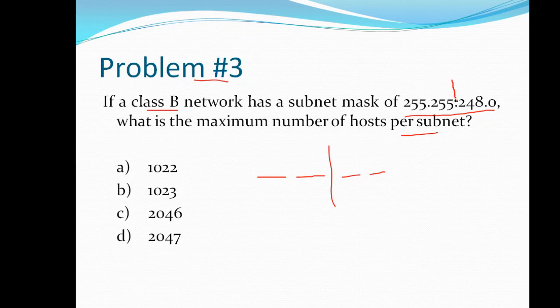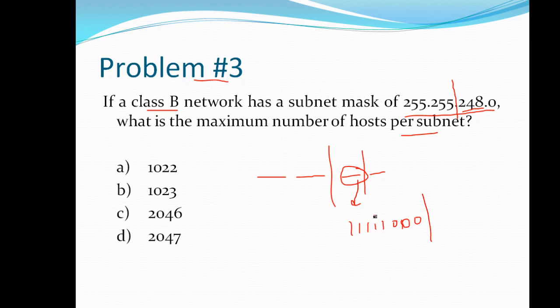But here after the first two octets, 248 is there, so from the third octet they are borrowing some bits for subnet ID purpose. Okay, so the 248 equivalent binary notation is, counting 3, 4, 5, 6, 7, 8, right?